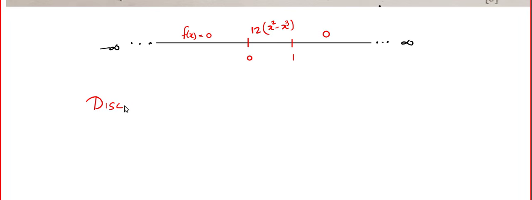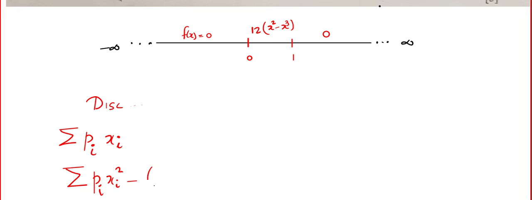For discrete functions, the formula for the mean is sigma p_i x_i, and the formula for variance, or standard deviation squared, is sigma p_i x_i square minus mean squared.